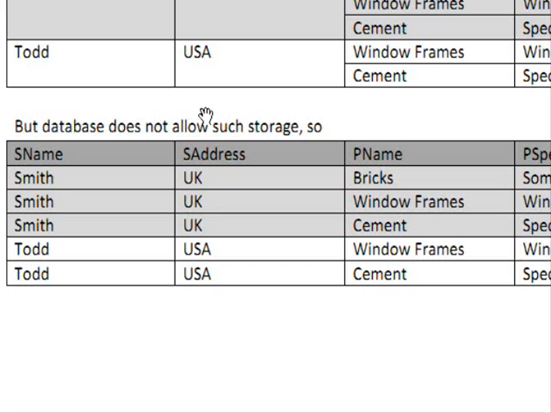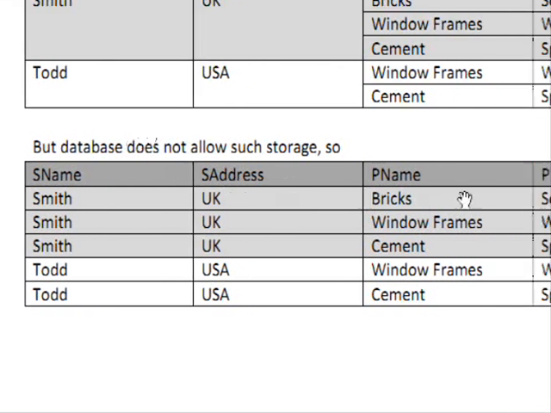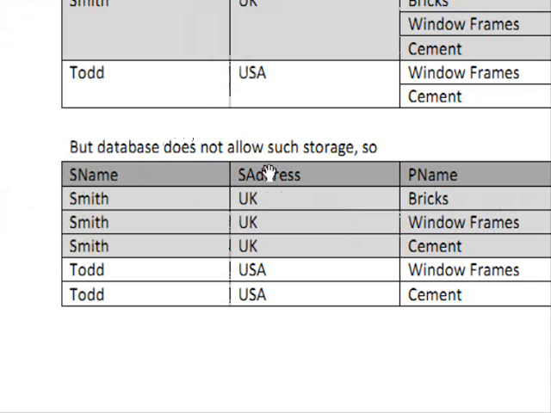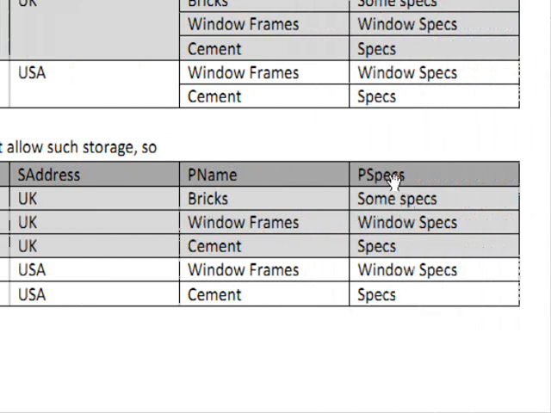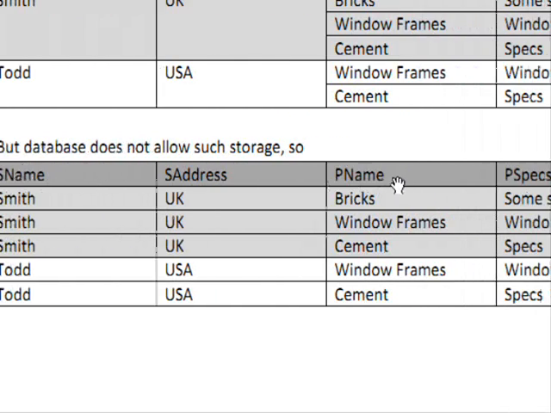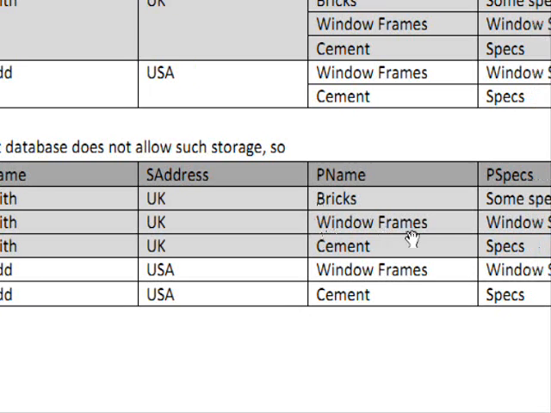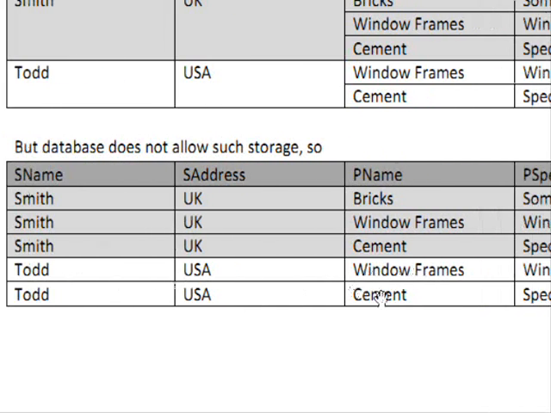Well, usually you break down your information into separate tables. If you think about it like this: a single supplier is capable of supplying multiple parts, right? Because Smith can supply bricks, window frames, and cement, right?